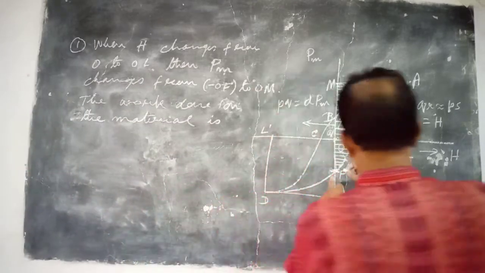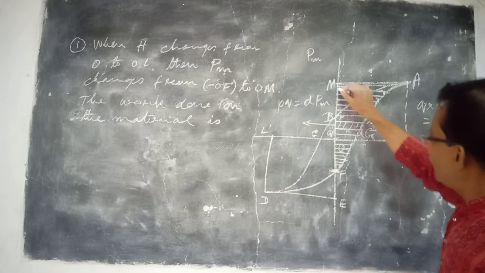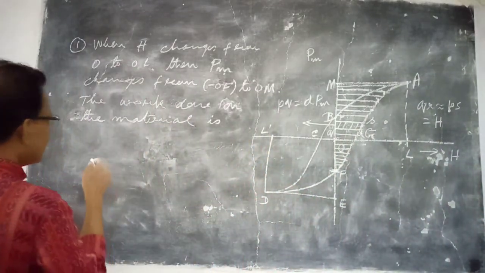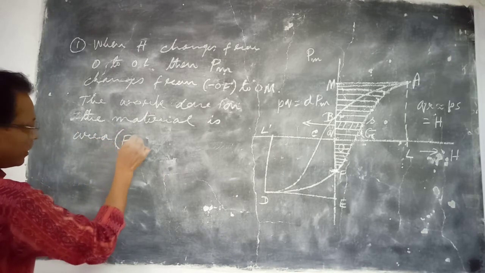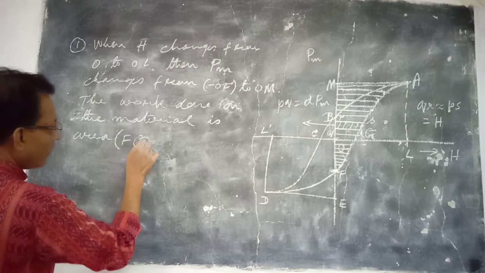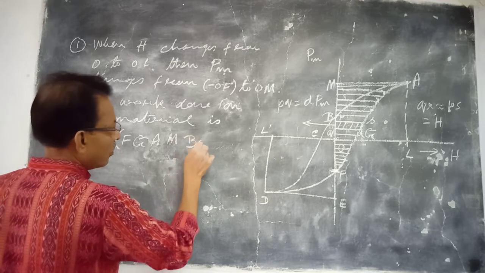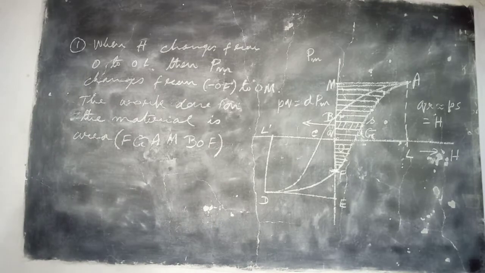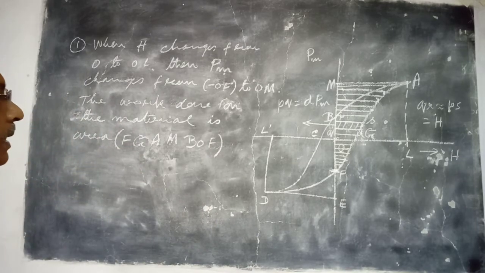The area of this shaded region, that is F G A M P O F, is equal to the area F G A M B O F. Area of this closed path is equal to the work done by the external field on the material. This is the first stage.